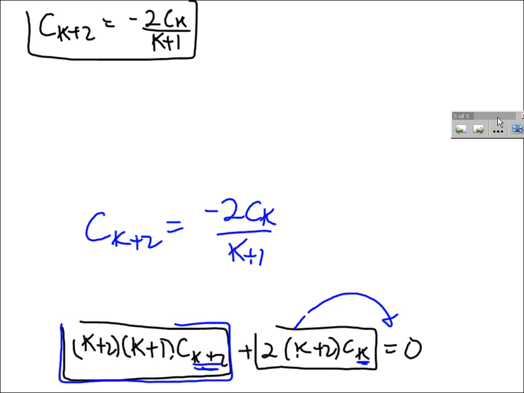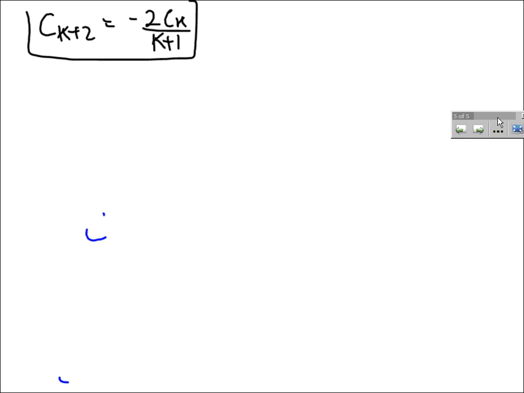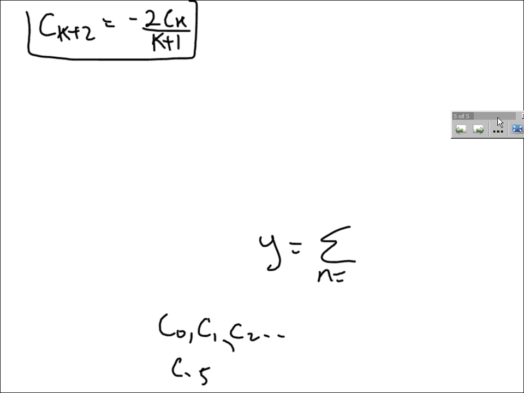Okay, we have this. Now, what's the least value that k can be? Well, you can only have c0s and c1s and c2s, etc. Why can't you have c sub negative 5? The answer is, y is the summation as n starts at 0 to infinity of c sub n x to the n.